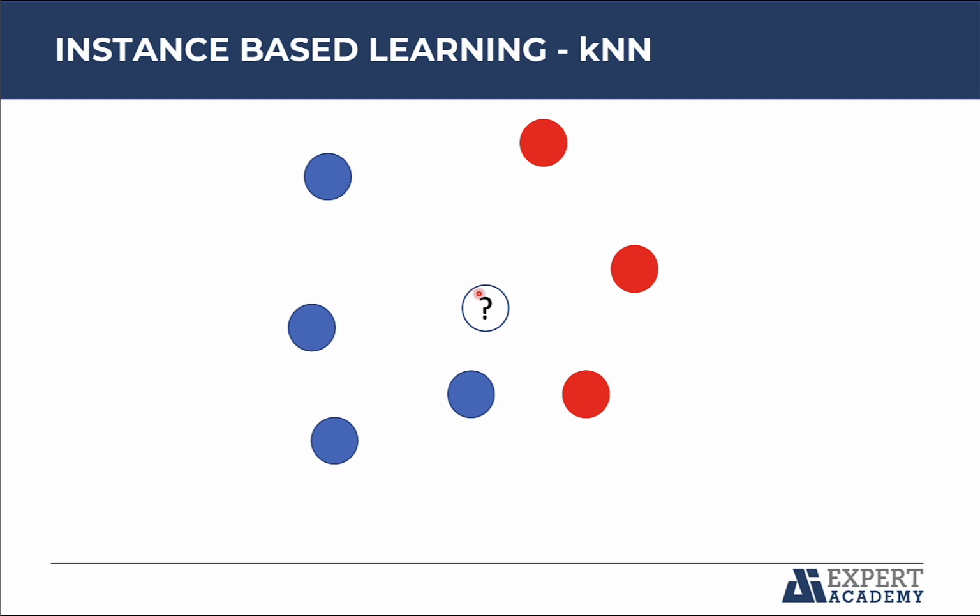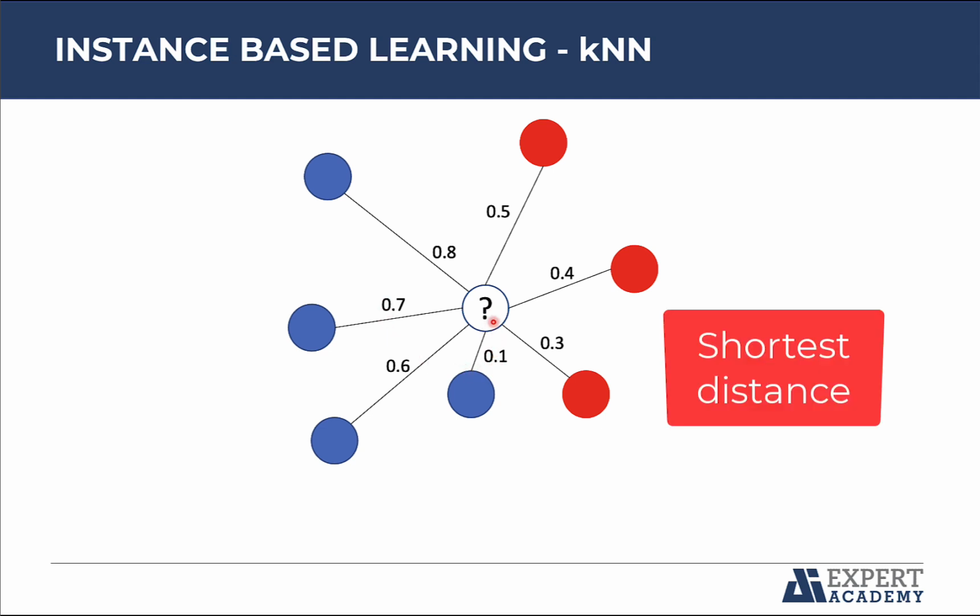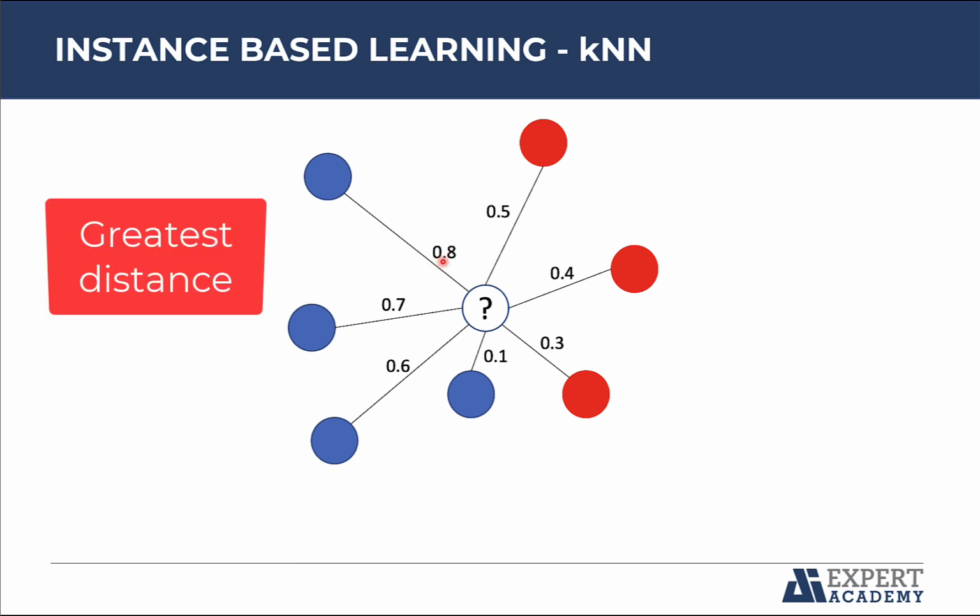We need to calculate the distance between the new point we want to classify and each one of the points that are available in the dataset. Let's suppose that these are the distance values. As we can see, 0.1, because this is the lowest distance, and 0.8, because this is the highest distance.